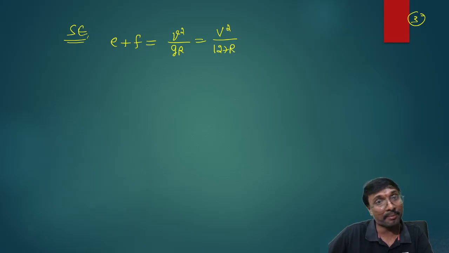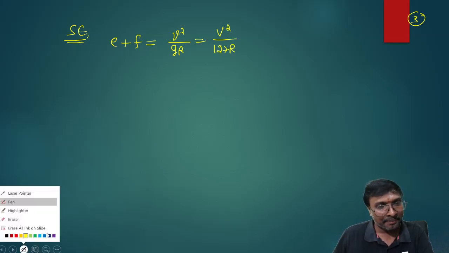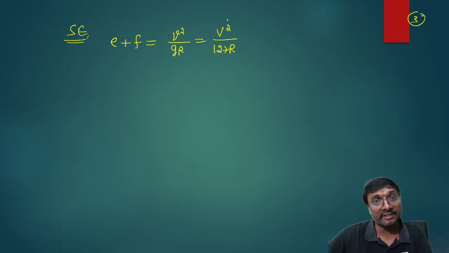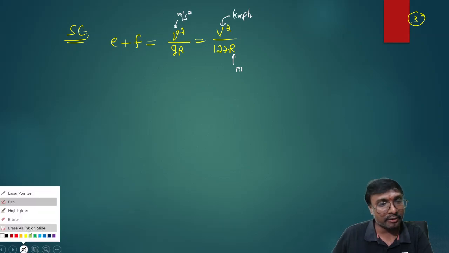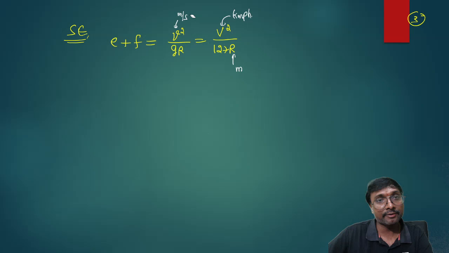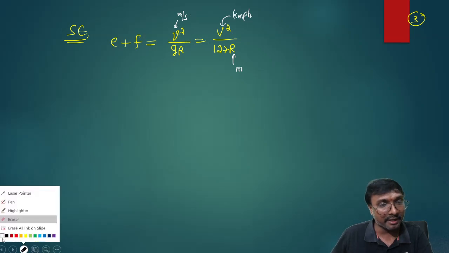As we discussed in the previous class, if you remember, whenever it is mentioned as capital V, we have to substitute the value in kilometers per hour. Here, small v we have to substitute in meters per second.